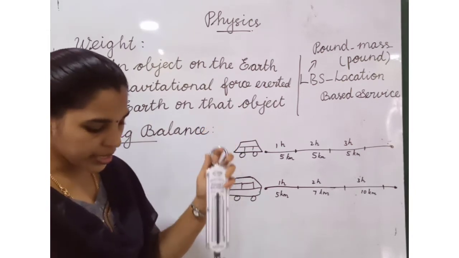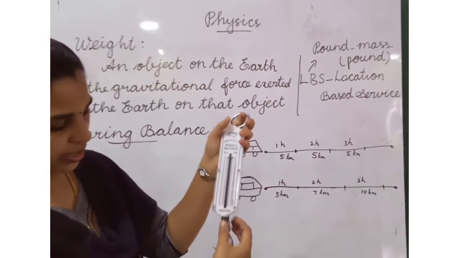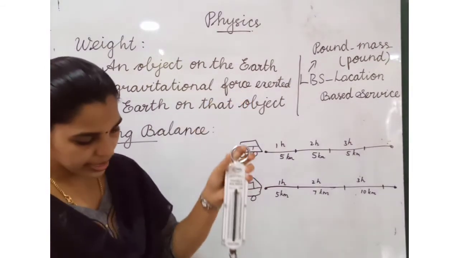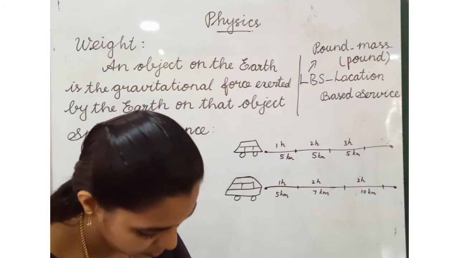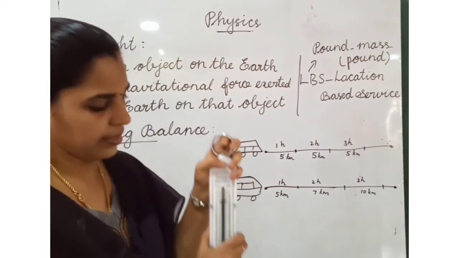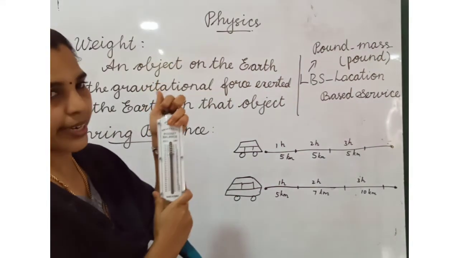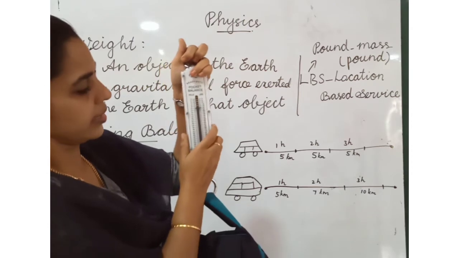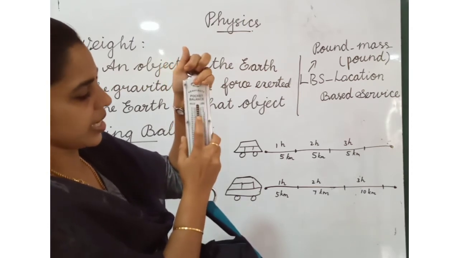Next, when we hang the object, the spring length will increase. See, now I have taken the heavy object. See, the length is increasing. How much weight is here now?